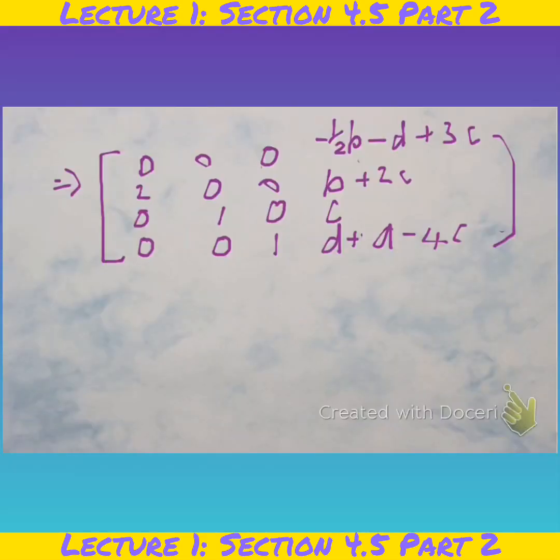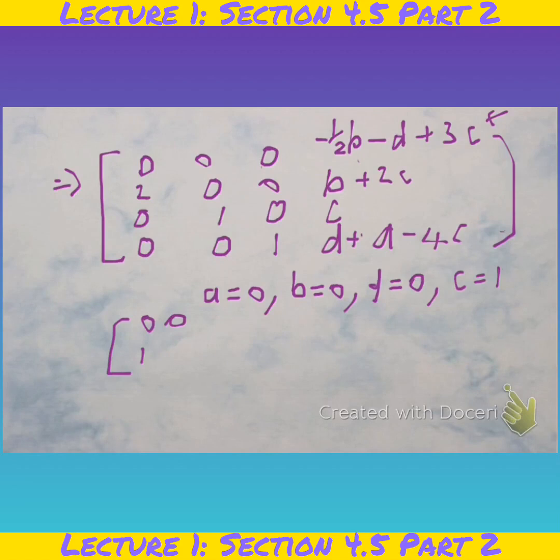All right, so we can pick A as 0, B as 0, D as 0, and C as 1. And if I plug those values in there, we see that it's going to become an inconsistent linear system.